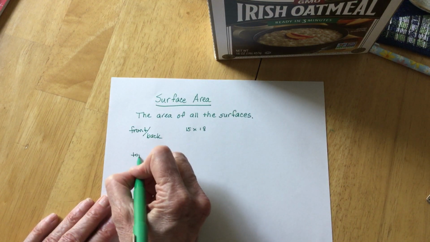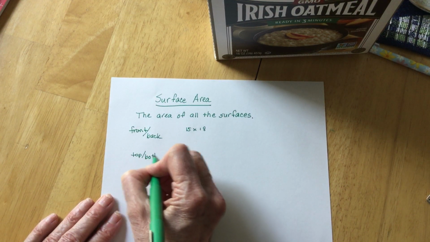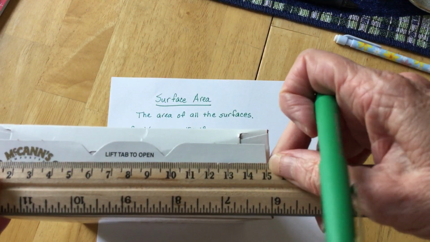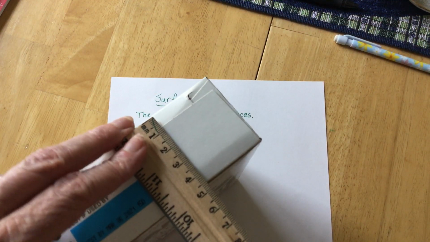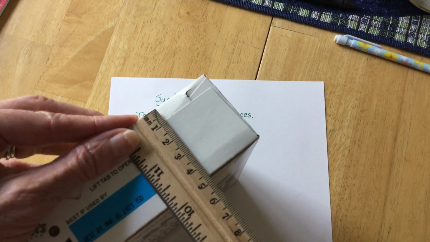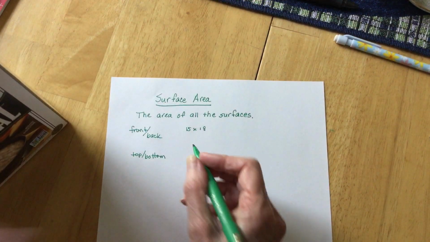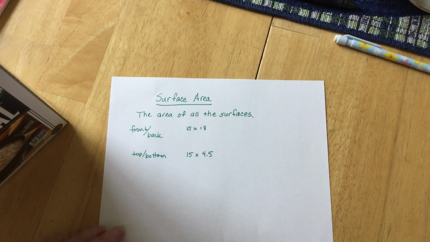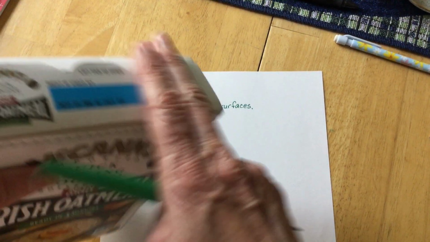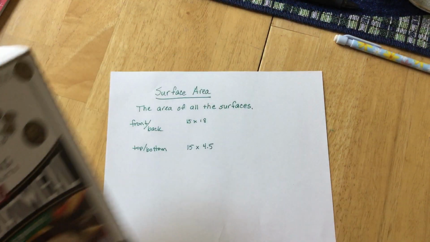Now I have a top and a bottom. My top, I know this part is 15 because I just measured it on the front. But it's 15 by, looks like 4.5. So 15 times 4.5. These are all centimeters. And there'll be 2 of them, the top and the bottom.